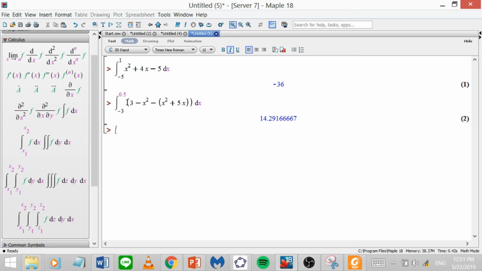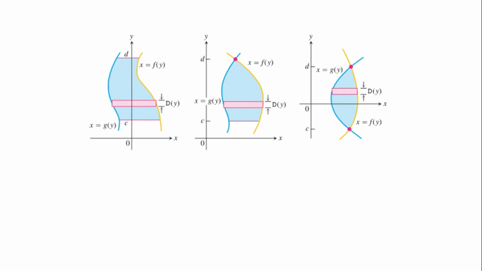Still evaluating. Oh yeah, so we get the integral value is 14.29166667. So the area between the two curves is 14.29166667.